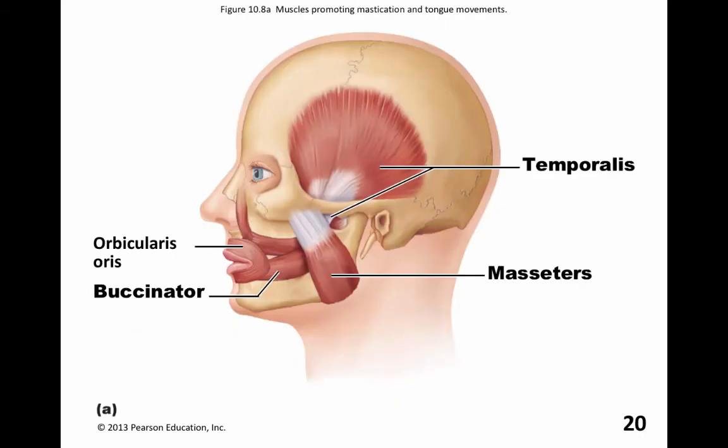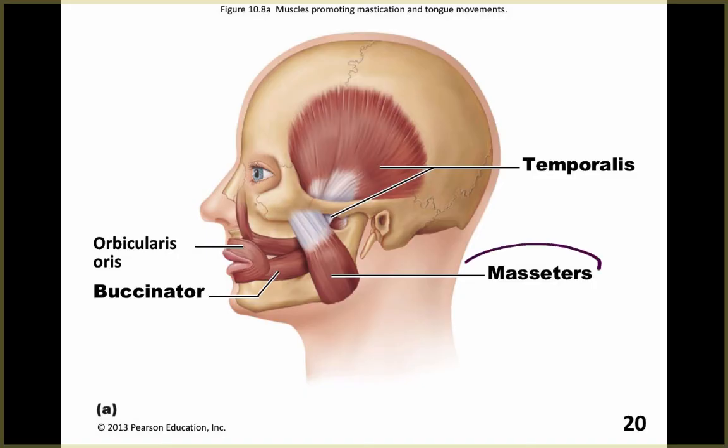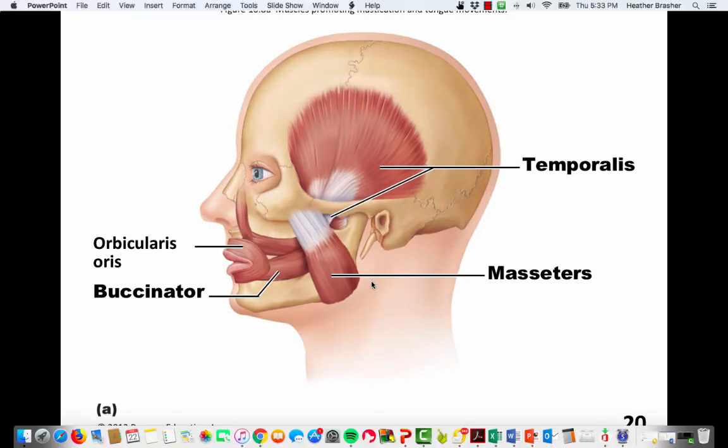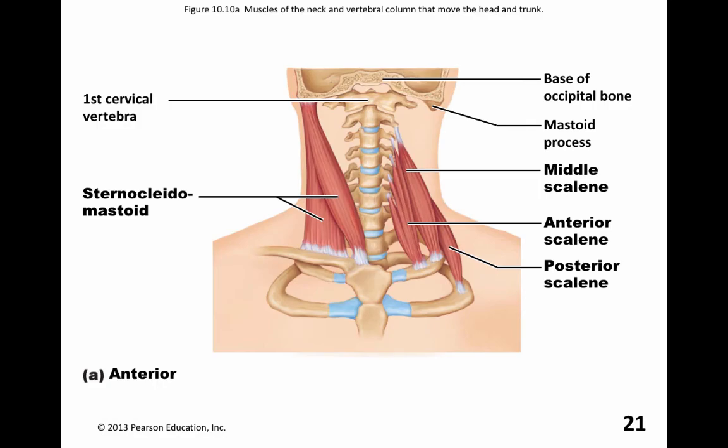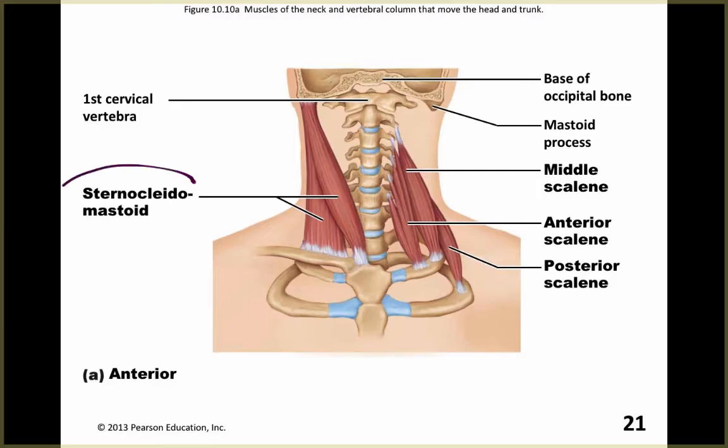This is just showing these groups of muscles, just kind of showing you some up close to help you with this. So the masseter muscle is here. If you go into the next one, sternocleidomastoid.